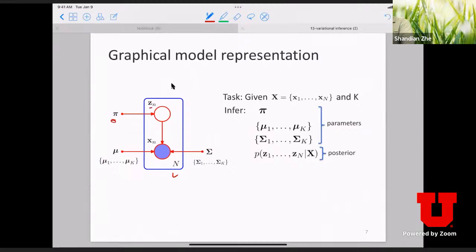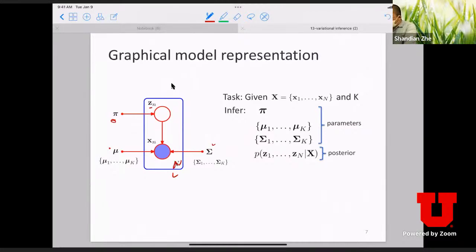Then given the sampled membership, we pick up the associated cluster center and cluster covariance to sample the actual data point. And you just repeat this procedure big N times. That's the probabilistic model we assume for how we generate these big N observations.